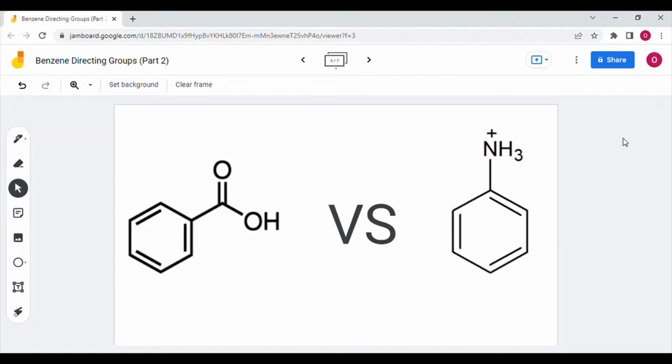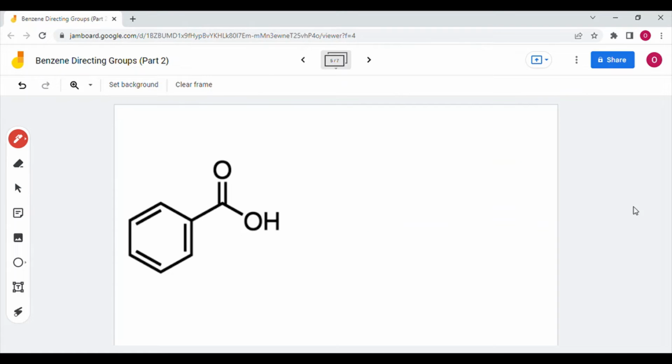So for example, we have some kind of benzene with some kind of carboxylic acid versus this benzene with an NH3 group on it. If we look at this carboxylic acid on this benzene group, one thing I want you to realize is that this oxygen has two lone pairs of electrons. But you have to remember that this can undergo some kind of resonance structure.